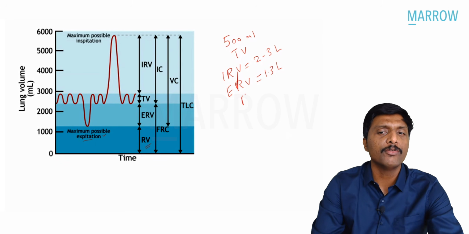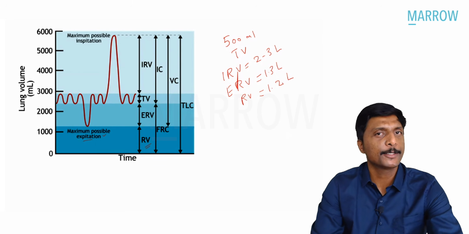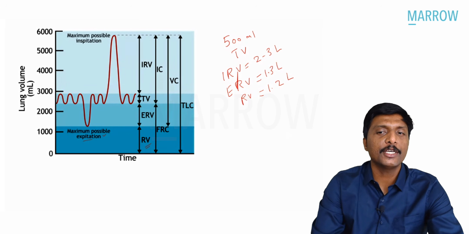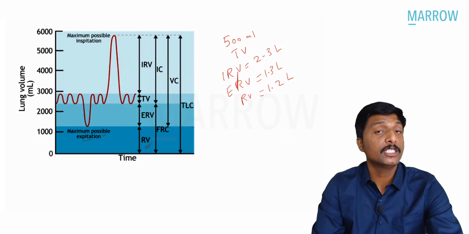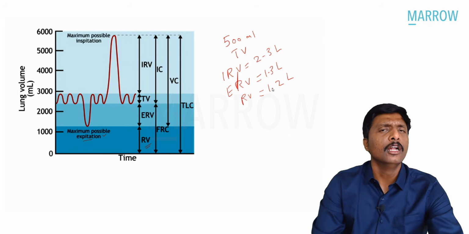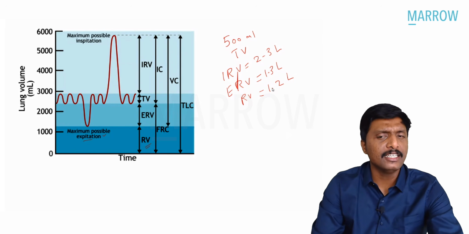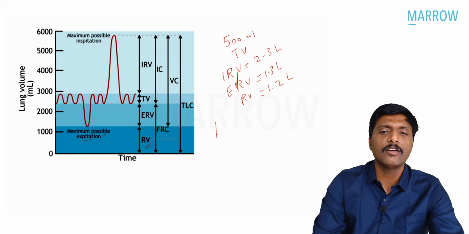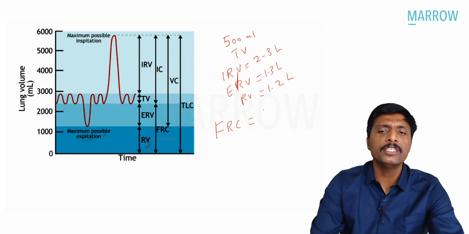That is our residual volume, which is usually around 1.2 liters. Expiratory reserve is 1.3, residual volume is 1.2. We have discussed this every single time in our video lectures. Now, the most important capacity, remember guys, is the functional residual capacity, which is the combination of expiratory reserve volume plus residual volume.